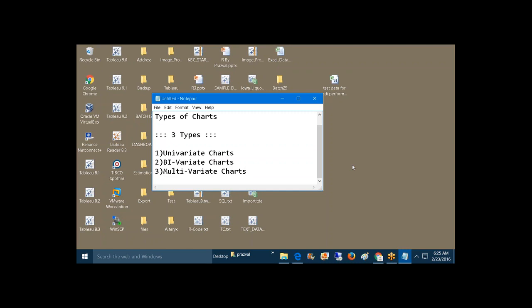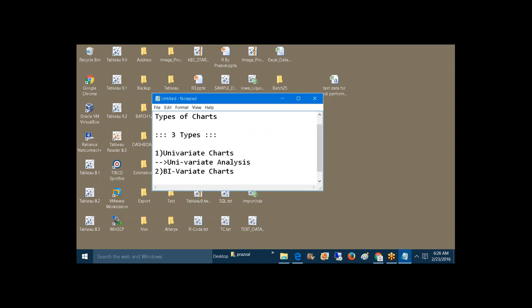So what is a univariety chart? If the chart is supporting the univariety analysis, then such a kind of chart is called a univariety chart. What's the meaning of univariety chart?